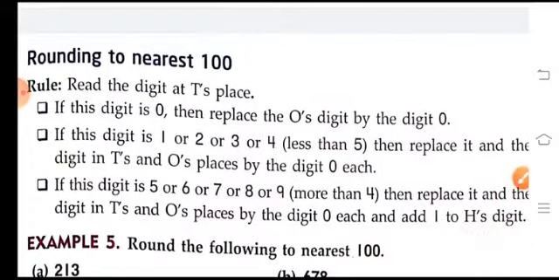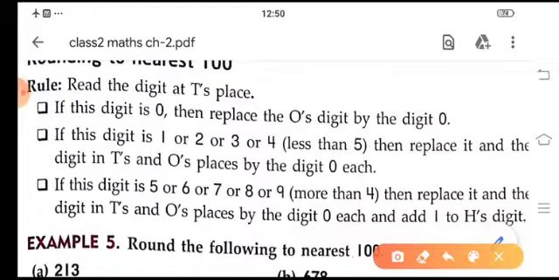Now if this digit is 5, 6, 7, 8 or 9, then it is replaced, the digits in the tens and ones places are replaced by 0, and we add 1 to the hundreds digit.